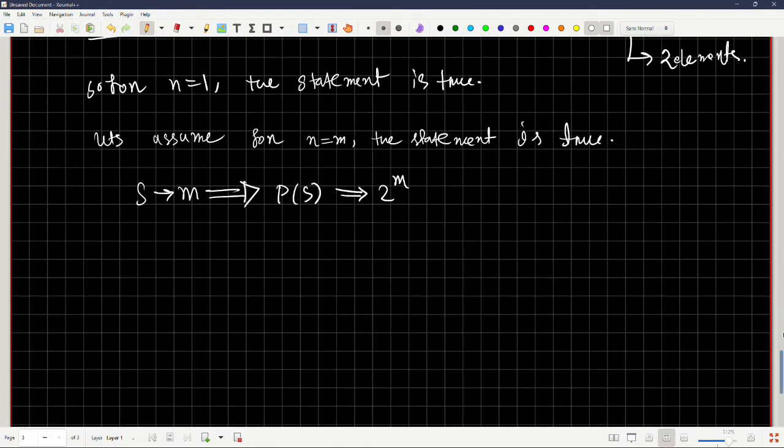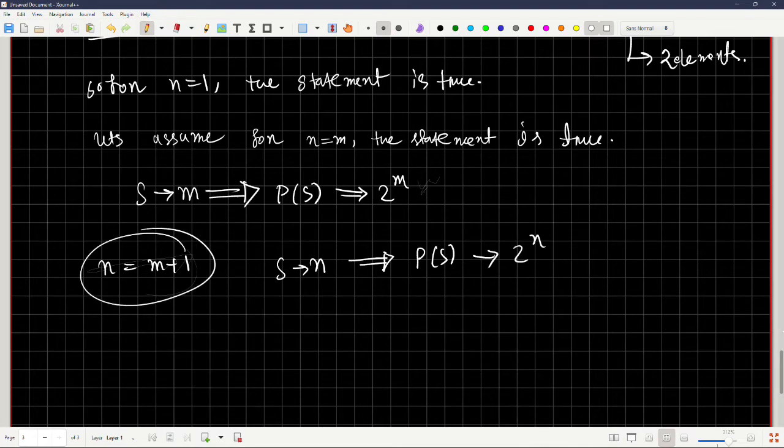Now for the last step, we just put n equals to m plus 1, right? So that means taking a set with m plus 1 elements, and I'm using the second assumption. Our set had n elements, and the statement says that the power set will contain 2 to the power n elements, right? But on the third step we put n equals to m plus 1.